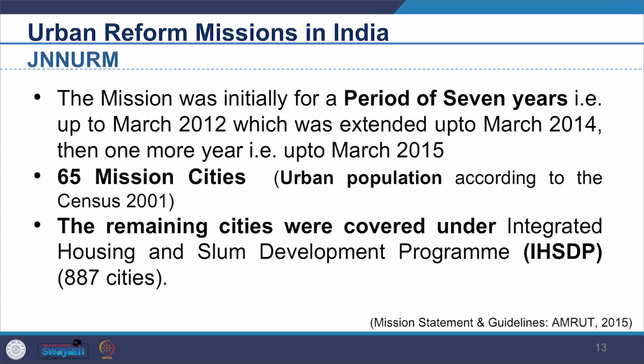The mission was initially for a period of 7 years, that was up to March 2012, which was extended up to March 2014 for completion of the already approved projects.